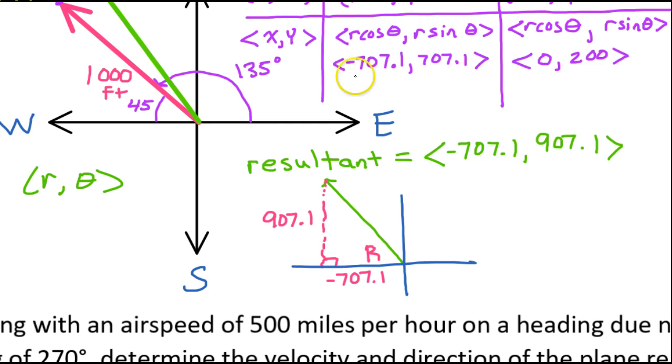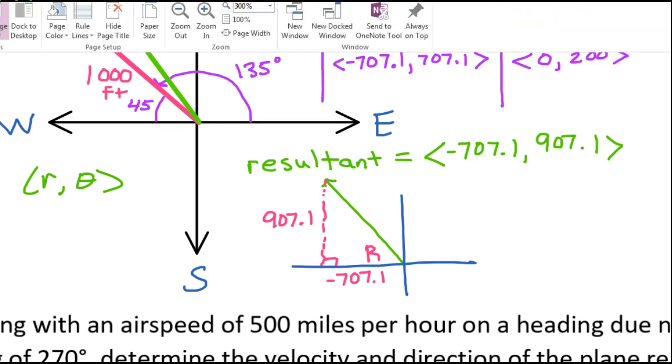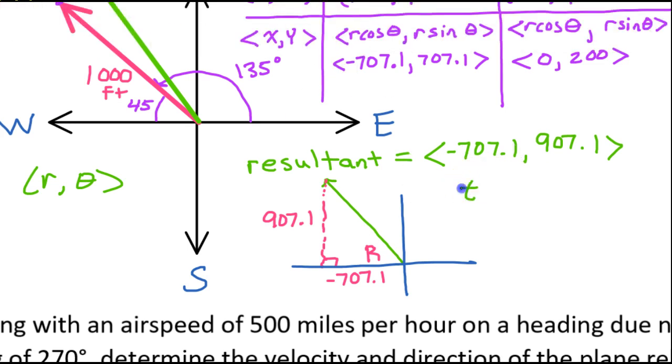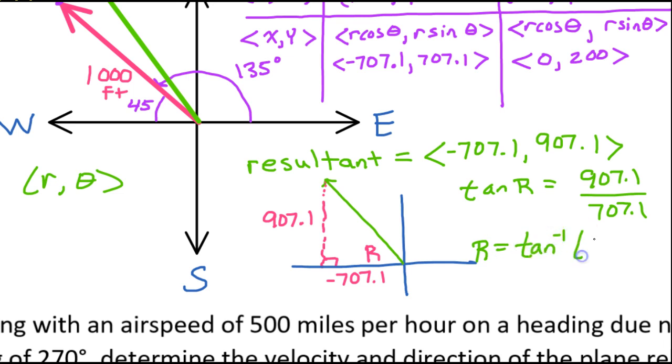using tangent. So what I can do is, I know that the tangent of R will equal 907.1 over 707.1. I'm ignoring the negative sign because I just want the positive value of R. So in that case, the value of R will equal the inverse tangent of 907.1 over 707.1.